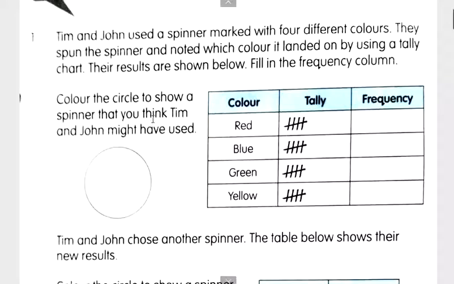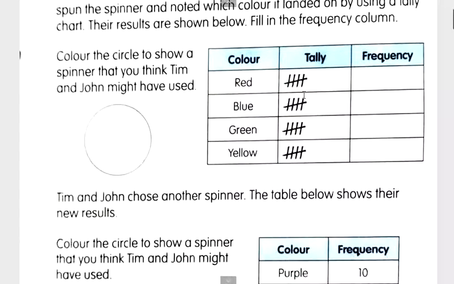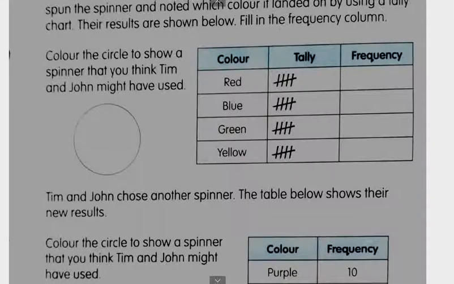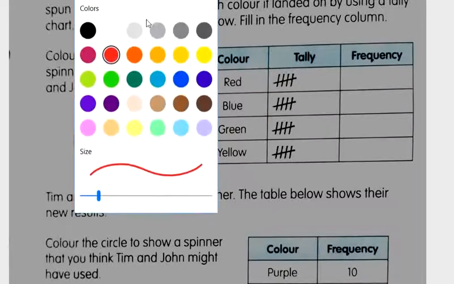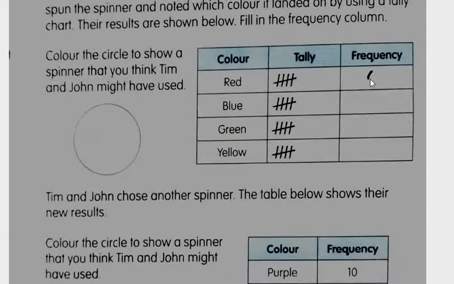They spun the spinner and noted which color it landed on by using a tally chart. Since all of them have the same frequency, right? Because red has 5, blue has 5, green has 5, yellow has 5 as well. So how to color the circle?